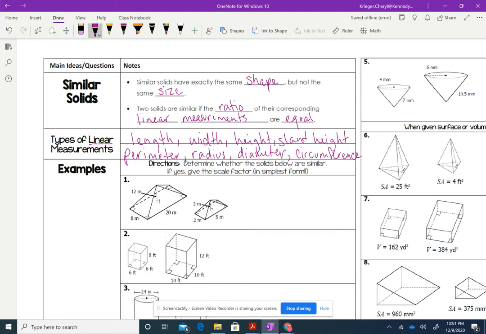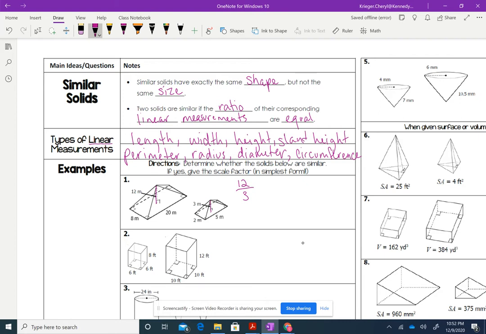Okay, so determine whether the solids below are similar. If yes, give a scale factor in simplest form. Let's create a ratio of the corresponding measurements. So if I choose the height of the pyramid, I would put 12 over 3, right? Because those heights are the corresponding parts.